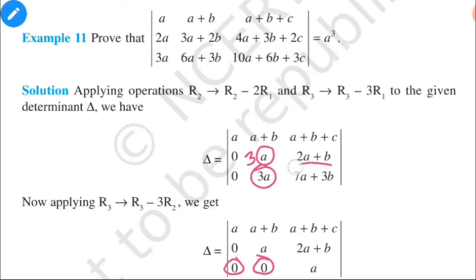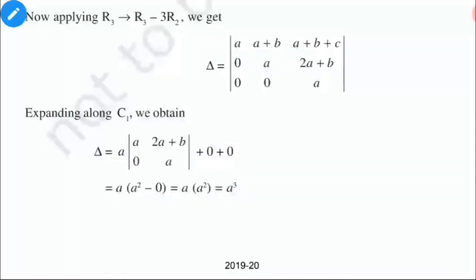Here R3 is 7a plus 3b, so 7a plus 3b minus 3 into 2a plus b equals a. Now this is the new determinant, delta equals a plus b, a plus b plus c, 0, a, 2a plus b, 0, 0, a.